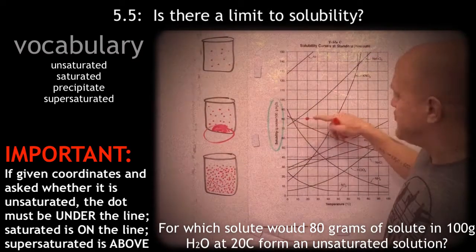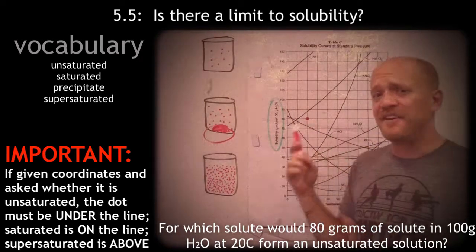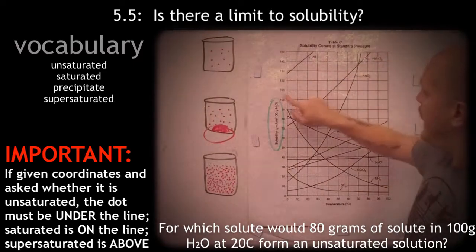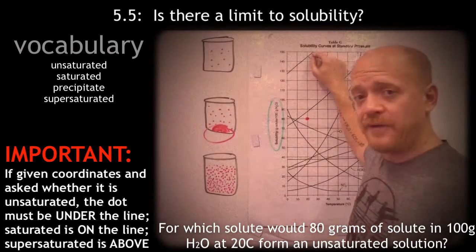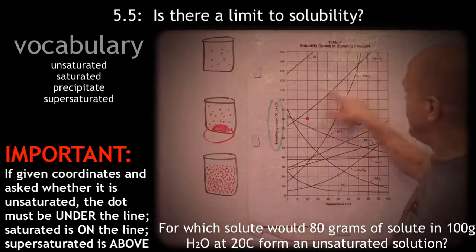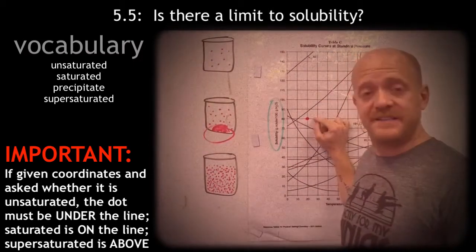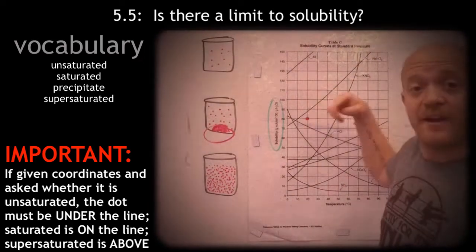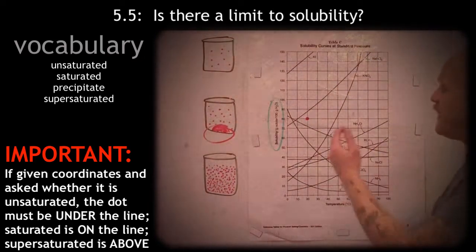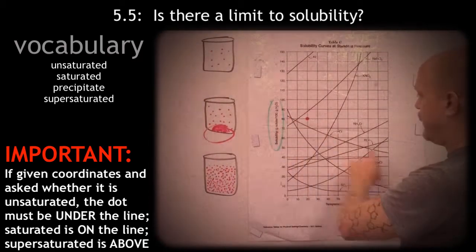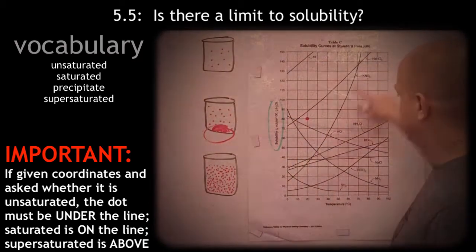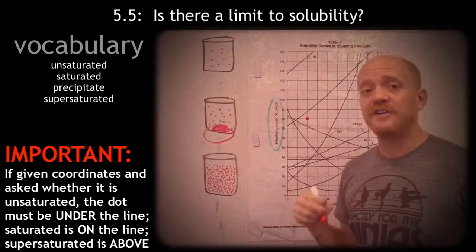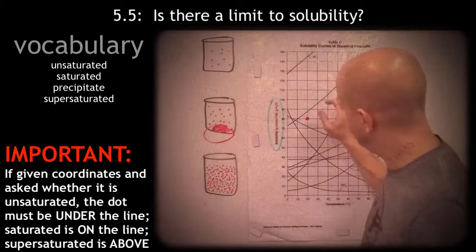So at 80 grams of solute is underneath two of these lines. It's actually underneath the line for sodium nitrate, and it's also under the line for potassium iodide. So for sodium nitrate, 80 grams would make an unsaturated solution. For potassium iodide, 80 grams would make an unsaturated solution. But for every other compound, for example, hydrogen chloride, potassium nitrate, ammonium chloride, ammonia, these are all supersaturated solutions.